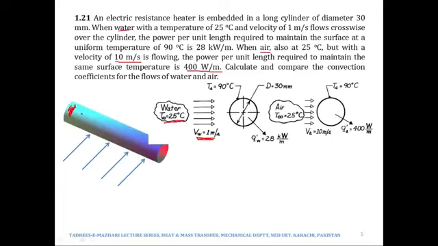So there are at least two modes of heat transfer if we are not considering radiation for the time being. But since we have been asked to calculate and compare the convection coefficients for the two flows, our focus will not be the convection between the inner fluid inside the pipe and the inner surface of the pipe, nor the heat transferred through the pipe thickness.